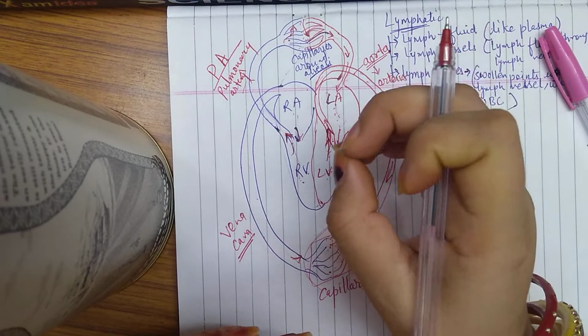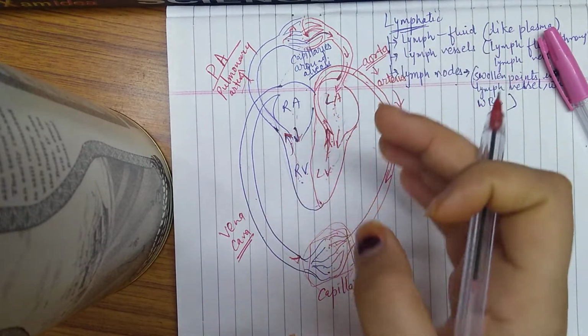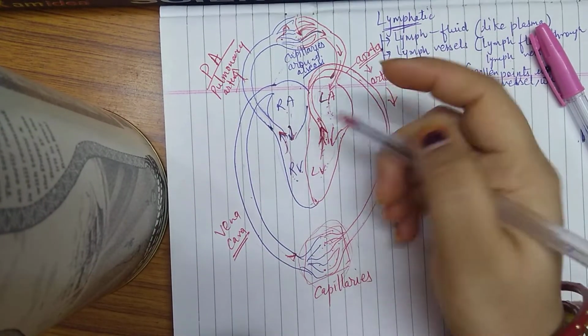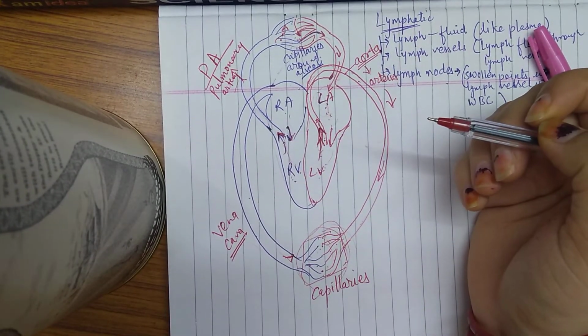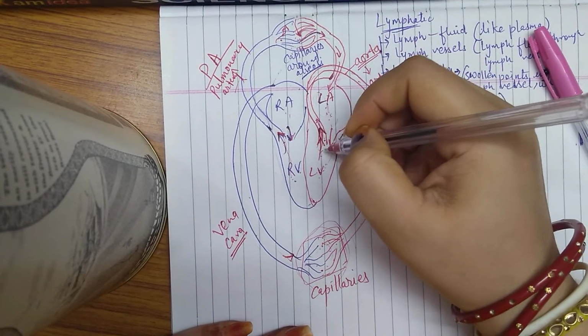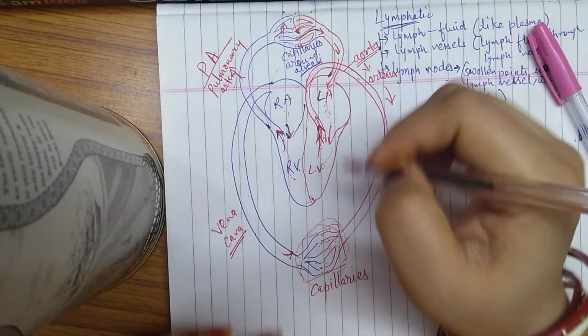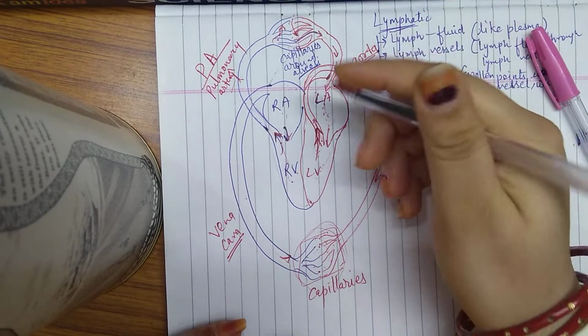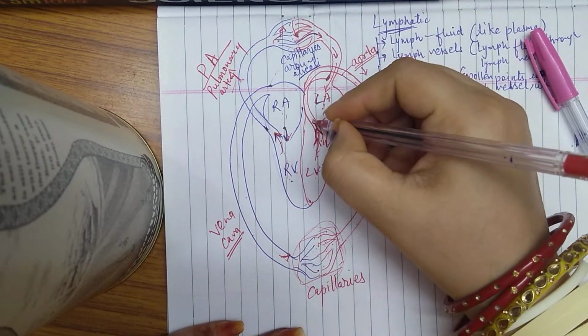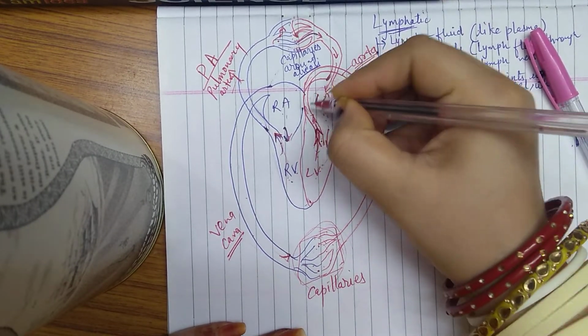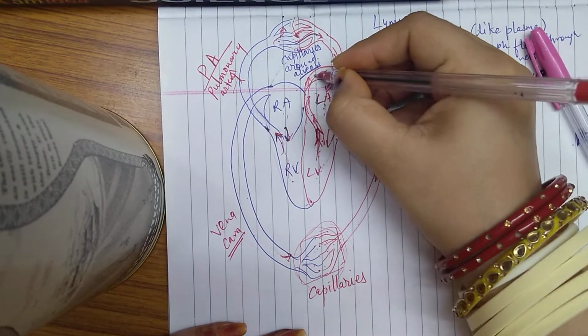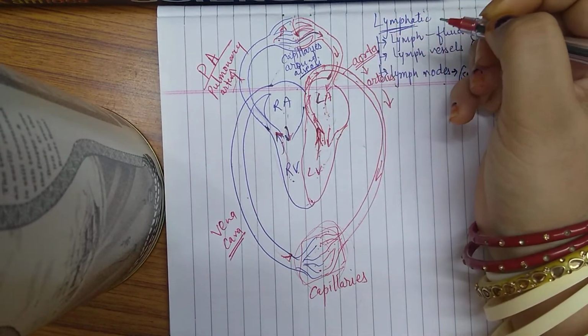So the aorta and pulmonary artery receive blood from the heart. When the heart squeezes, when it shortens, the blood goes to the aorta and pulmonary artery. As the blood is pushed into the arteries, it has a large pressure and exerts a very large pressure on the walls of the arteries.